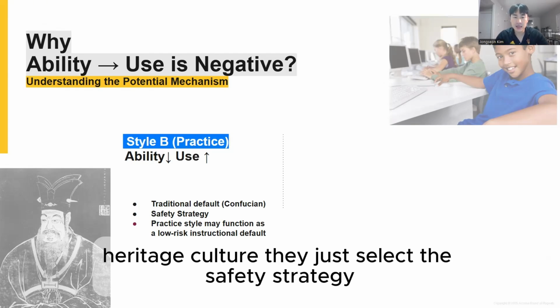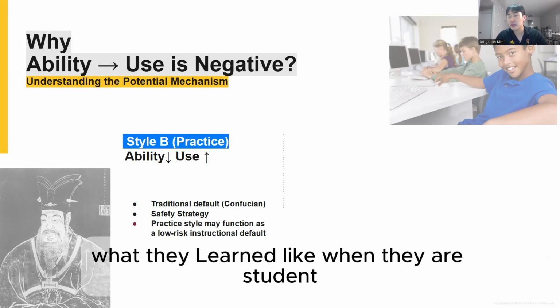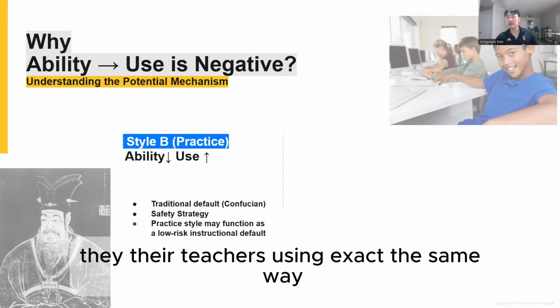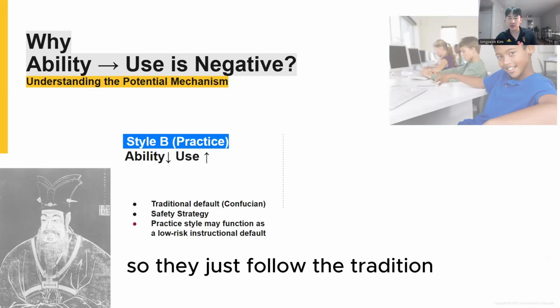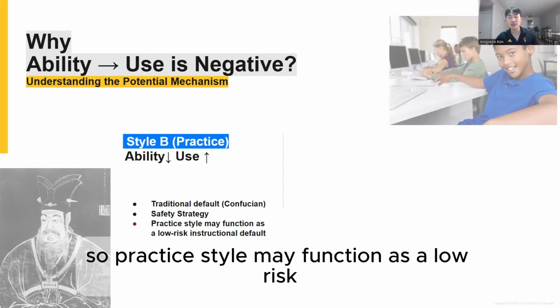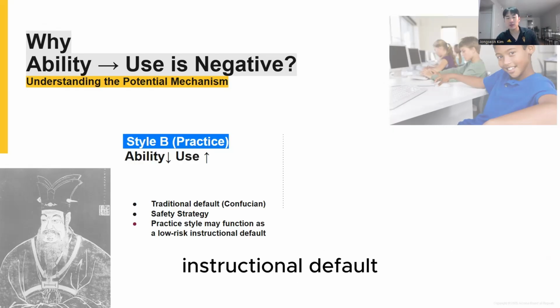They just select the safe strategy, what they learned. Like when they were students, their teachers used exactly the same way because that is the traditional default. So they just follow the tradition. So practice style may function as a low-risk instructional default.